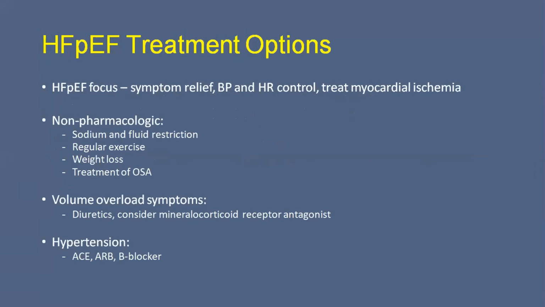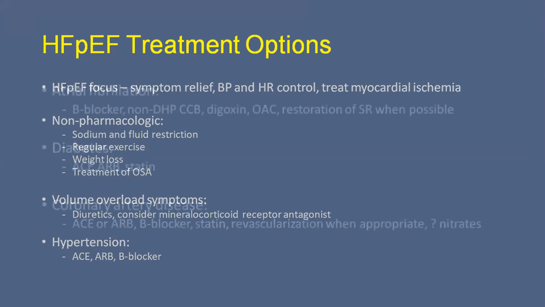What are the treatment options? Symptom relief, BP and heart rate control, treat myocardial ischemia. Non-pharmacological: sodium and fluid restriction, regular exercise, weight loss, treatment of obstructive sleep apnea. For volume overload symptoms, diuretics; especially consider mineralocorticoid receptor antagonists. Hypertension: ACE inhibitors, ARBs, beta blockers.